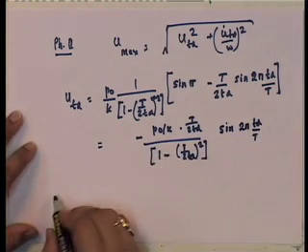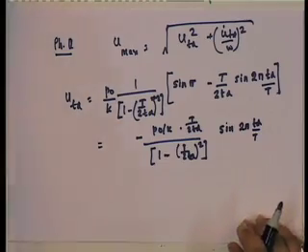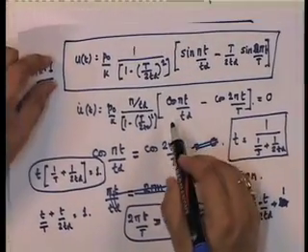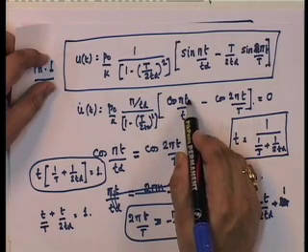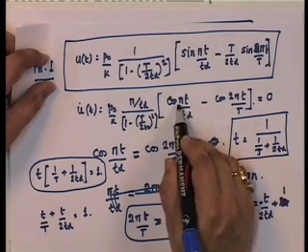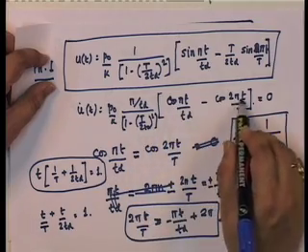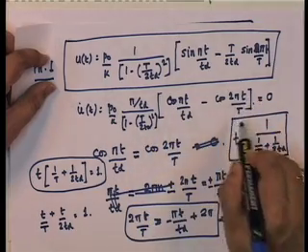This is u of t_d. Similarly, substituting here, if I put t equal to t_d, this becomes cos pi and this becomes cosine t_d upon t.